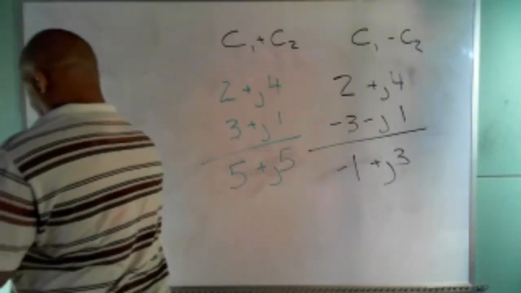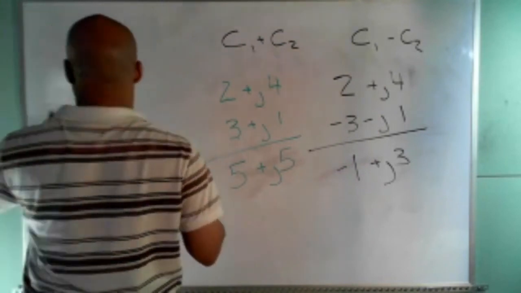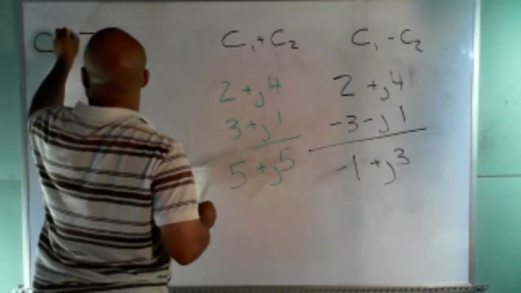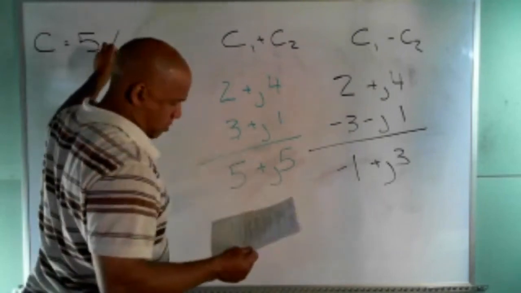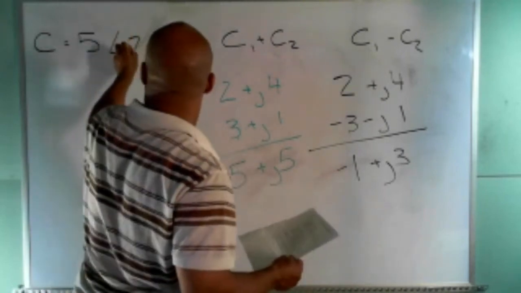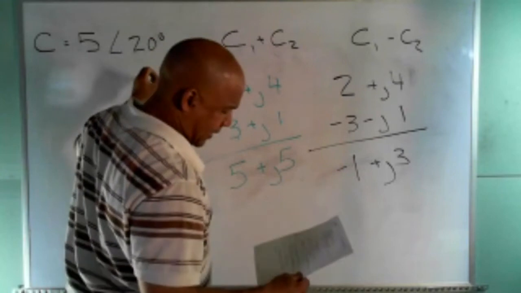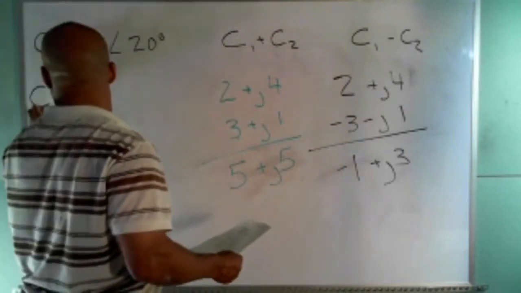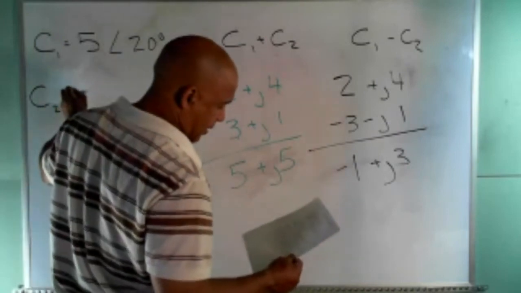So they give you C1, 5 angle 20, and C2, 10 angle 30.